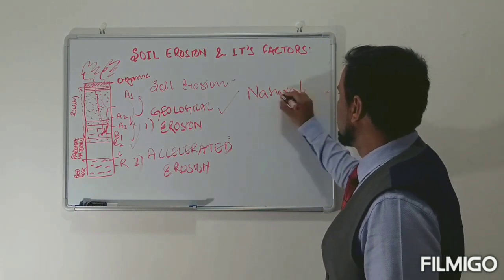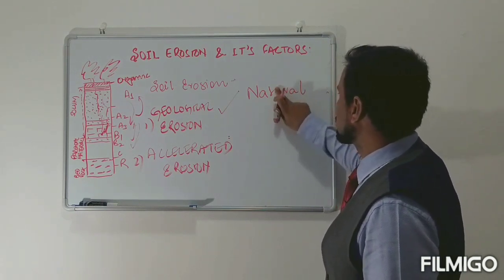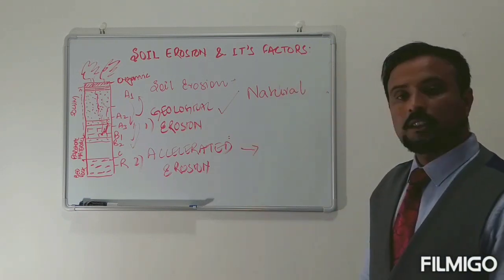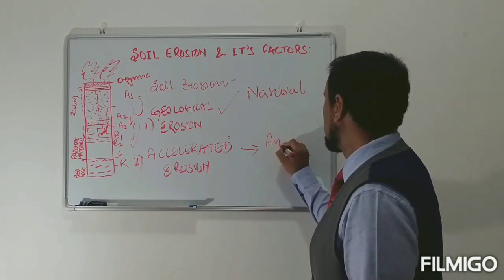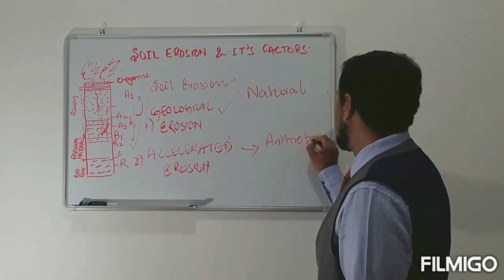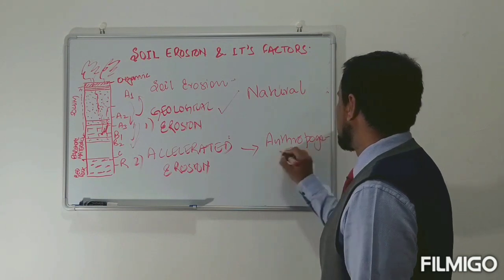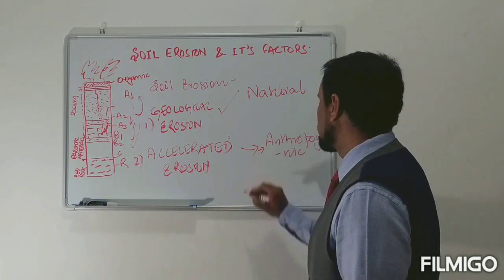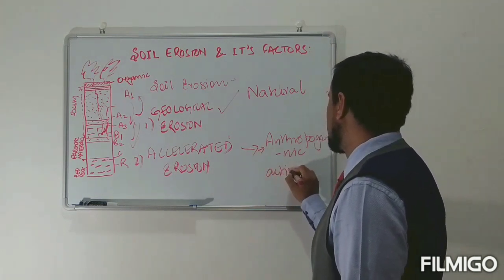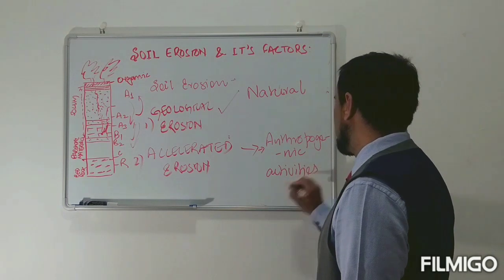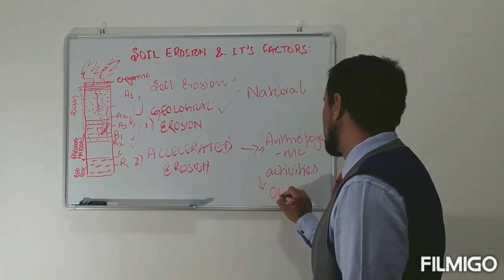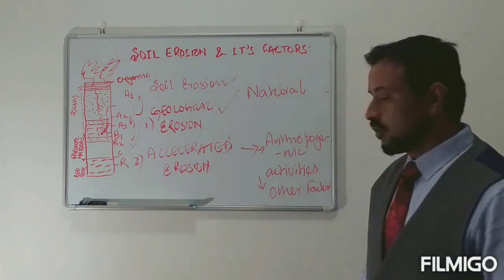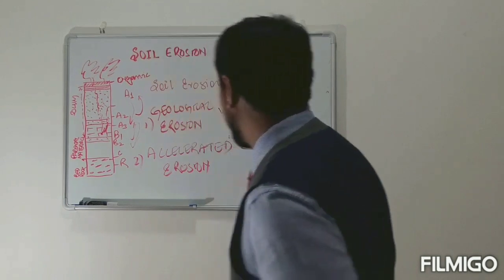And the second one is accelerated erosion, which is due to anthropogenic activities or other factors, right? So there are two different processes of soil erosion.